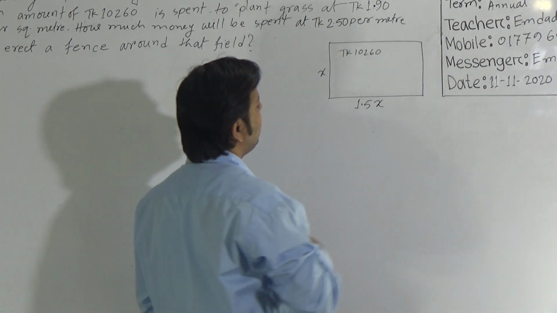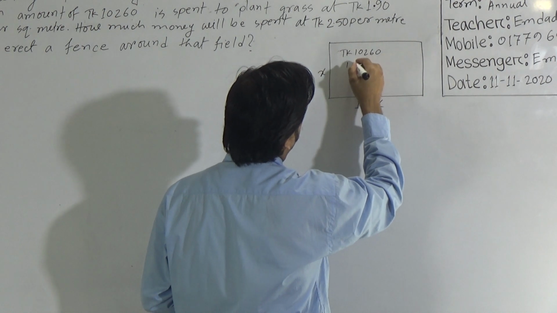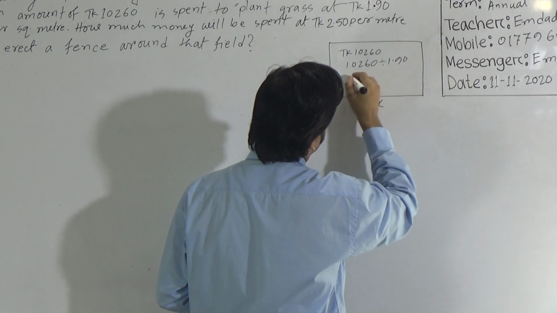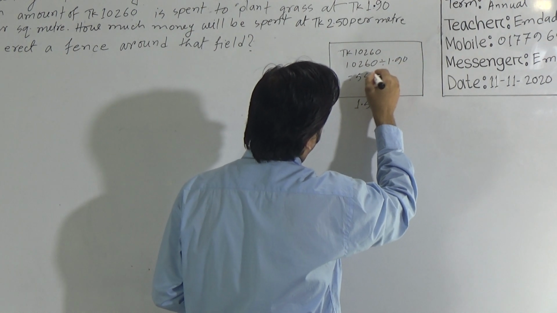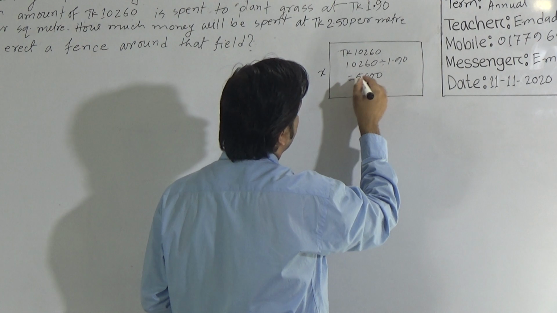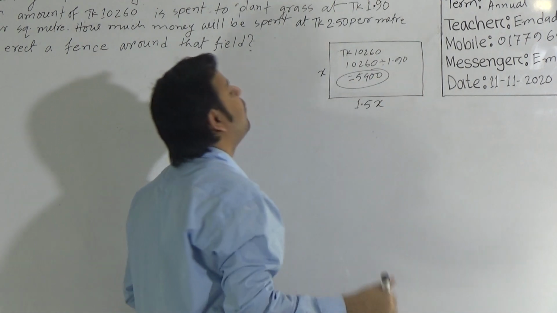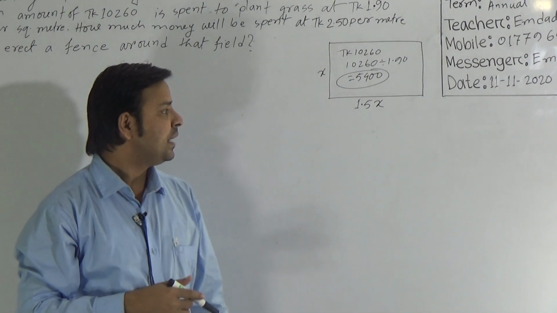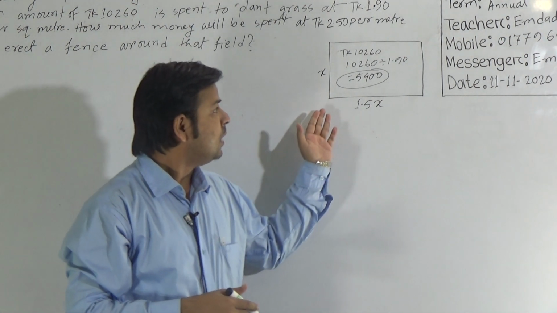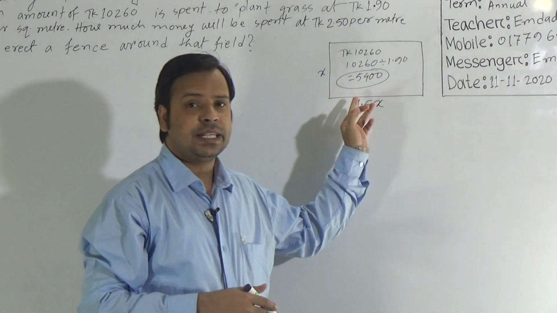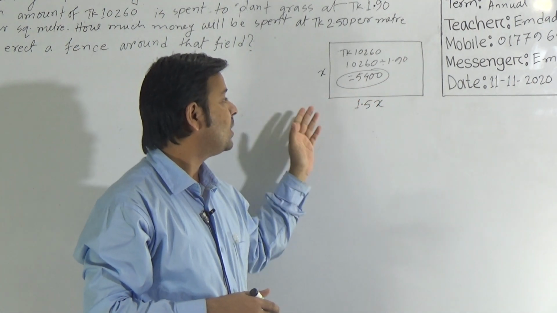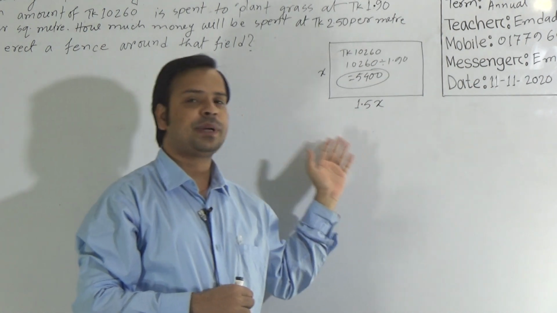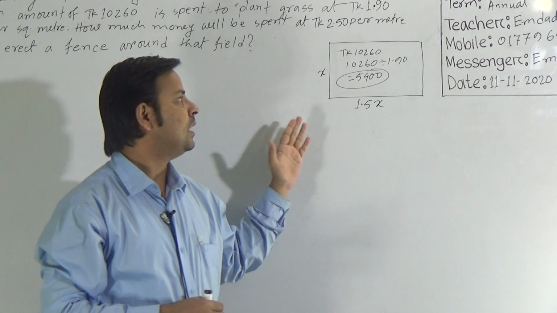So if we divide 10260 by 1.90, we will get the total area of the field, and the total area of the field must be 5400. So from the condition we can determine the length and breadth of the field.